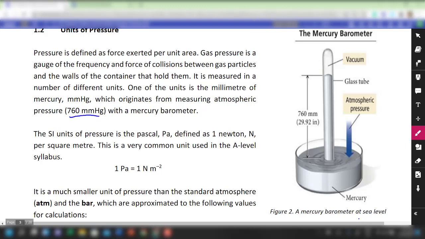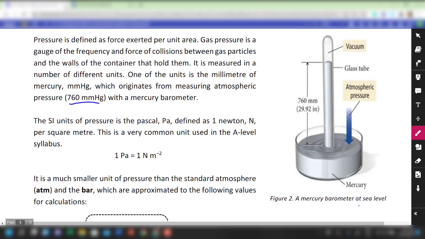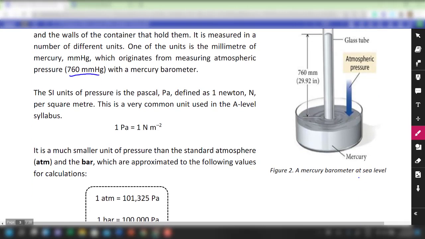It's the height to which the atmospheric pressure will lift mercury, as due to the difference in pressure, it will be forced up in this tube. So this is a traditional unit. Normally we do not use a mercury barometer now, so you can just forget about it if you want to.